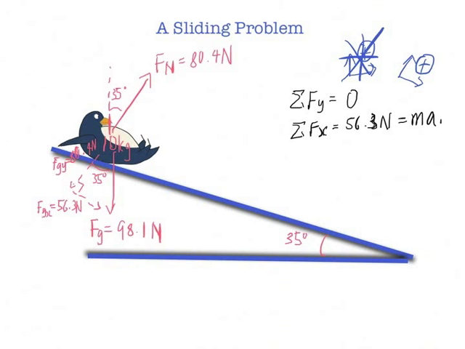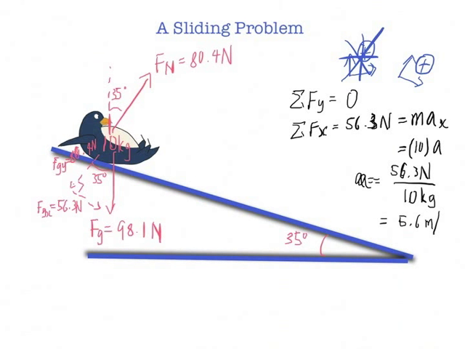I can also say acceleration in the x direction, just to be very specific. It's equal to 10 kilograms multiplied by the acceleration. So the acceleration is 56.3 newtons divided by 10 kilograms, giving us 5.6 meters per second squared, ish. And that's how fast the penguin is accelerating down the slope.